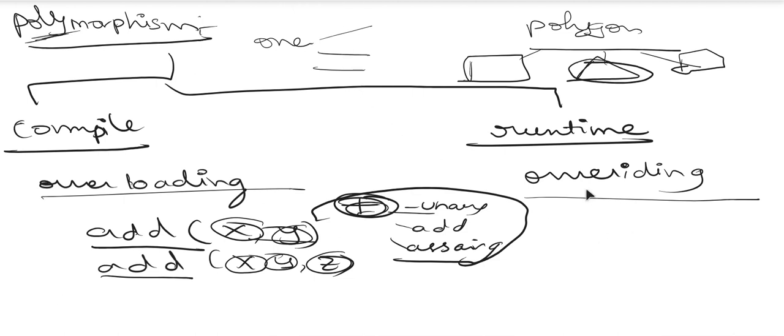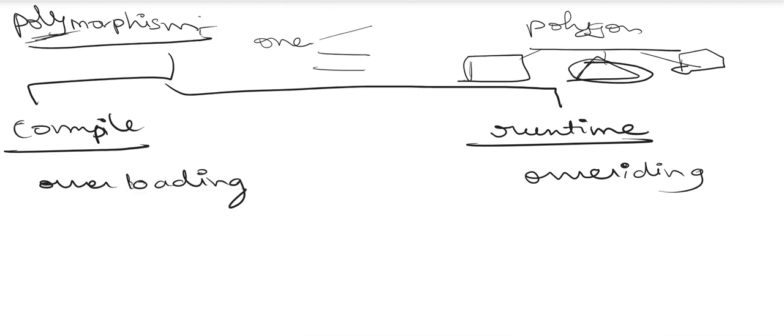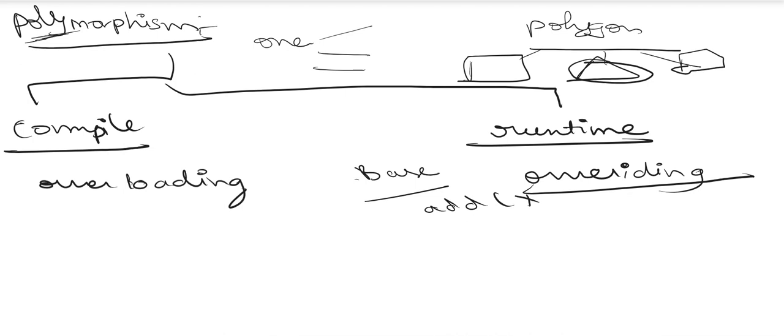Next, what is overriding? This is what is meant by runtime polymorphism. Overriding is nothing but, just consider a base class with add x comma y, and next consider a child class, which also has add x comma y.